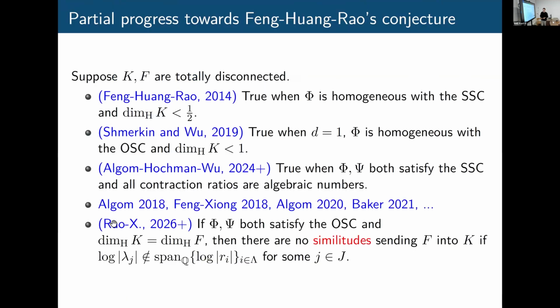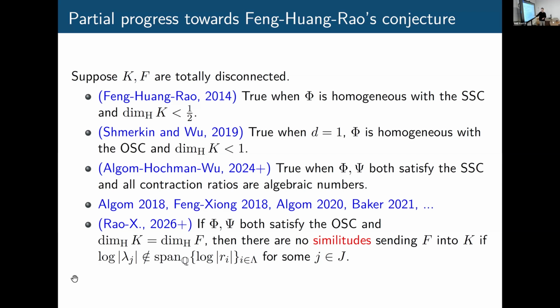A very special class can be regarded as a very direct consequence of our previous result. That is, if both of these systems satisfy the open set condition, and the two self-similar sets share a common Hausdorff dimension, then you can never embed one into another using not affine maps but similitudes if the logarithmic commensurability does not hold.